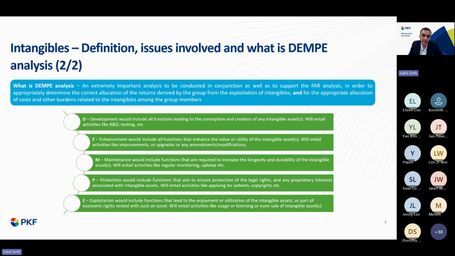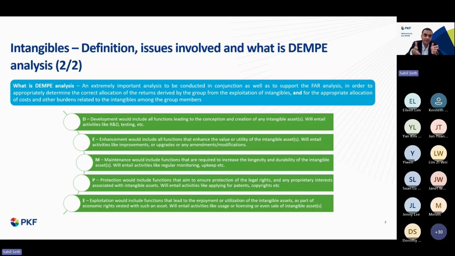It could be possible that one entity has developed, but the other entity did the enhancement and the maintenance. And as a result of both these activities, when the asset was developed, it was not fit to be patented, because certain countries have technical laws that this intangible needs to clear many quality checks before it can be patented.